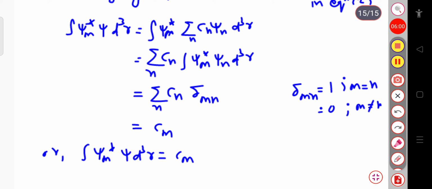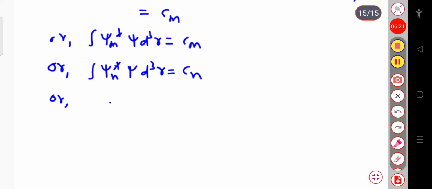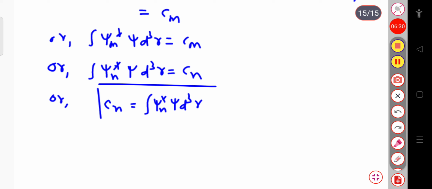Writing that expression again in terms of n, if we multiply psi n star on both sides, we get the integral of psi n star psi d tau, which is equal to simply Cn. So Cn equals the integral of psi n star into psi d tau. Here we have evaluated Cn.